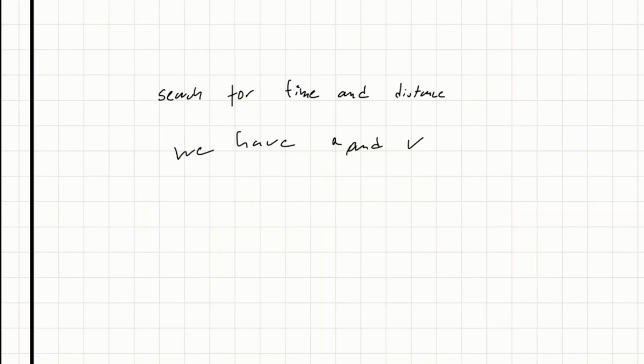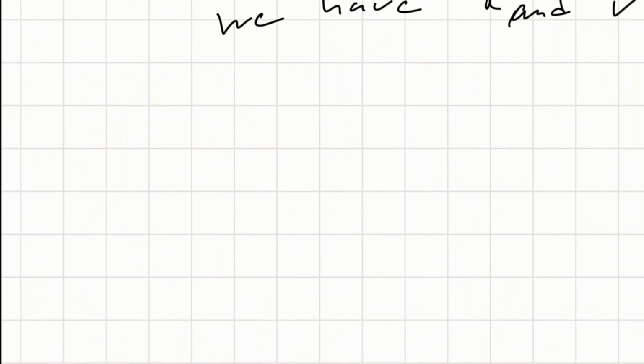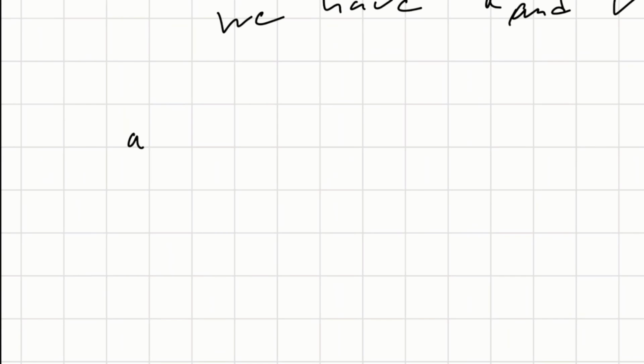So let's say we search for time and distance. We have a and speed. The question now is, how do we search if we have two missing variables? So let's try to use our simple formula. The distance is equal to 1/2 a times t squared.